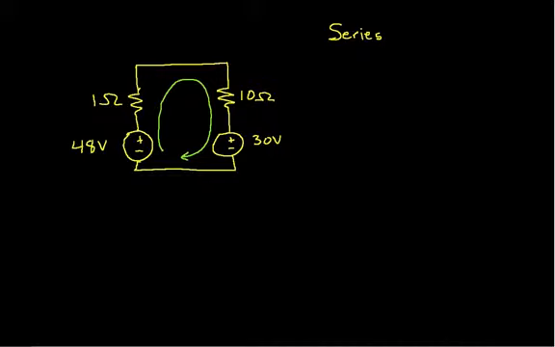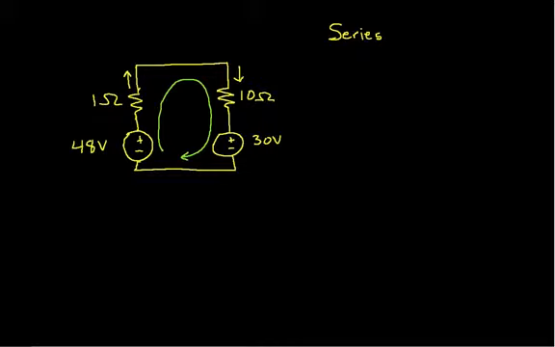So for example, all of the current that flows through this 1 ohm resistor must flow through the 10 ohm resistor because they're connected and there's no other place that the current can go. Similarly, all of the current that flows through the 10 ohm resistor flows through the 30 volt source and through the 48 volt source. So this is a series connection. Okay.